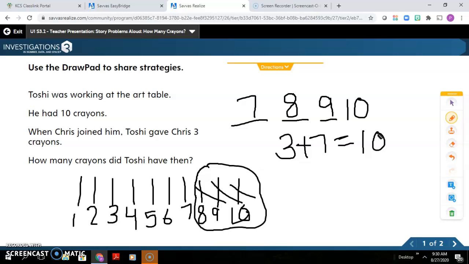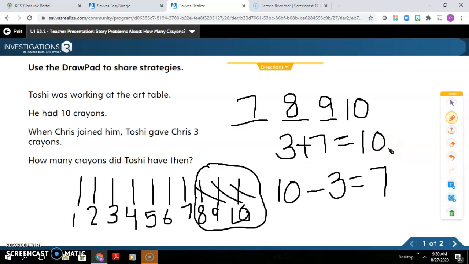So if 3 plus 7 equals 10, then 10 minus or take away 3 is going to equal 7. Because these two problems are related. They're part of a fact family. That might be another strategy that you can do.